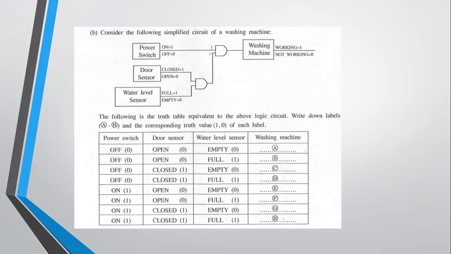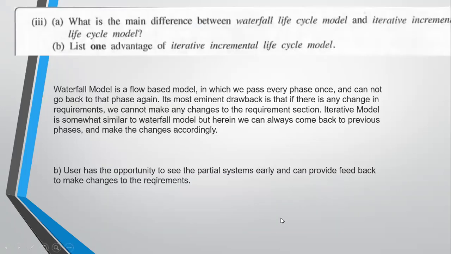A to G become 0, and H becomes 1. Actually it is not that difficult. It is easy when you think about it. A to G is 0, and H is 1.